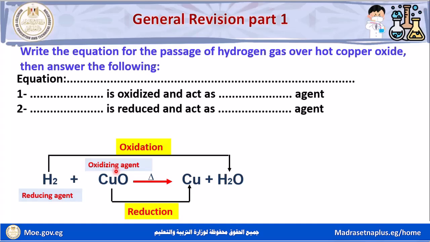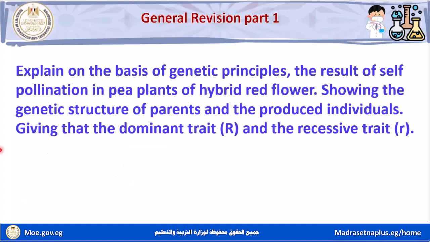Number 1, hydrogen is oxidized and acts as reducing agent. Number 2, copper oxide is reduced and acts as oxidizing agent.